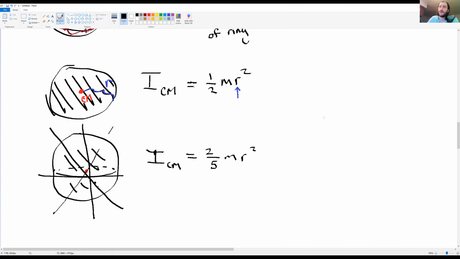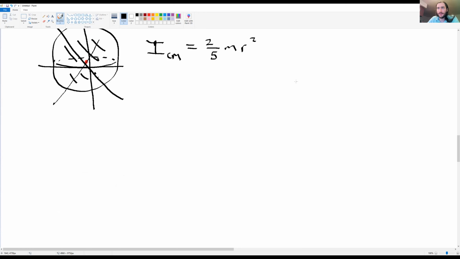Now here's an interesting thing, and this really highlights that the moment of inertia is much different depending on where you calculate it from. Suppose we have a rod that lies on the positive x-axis, like so.